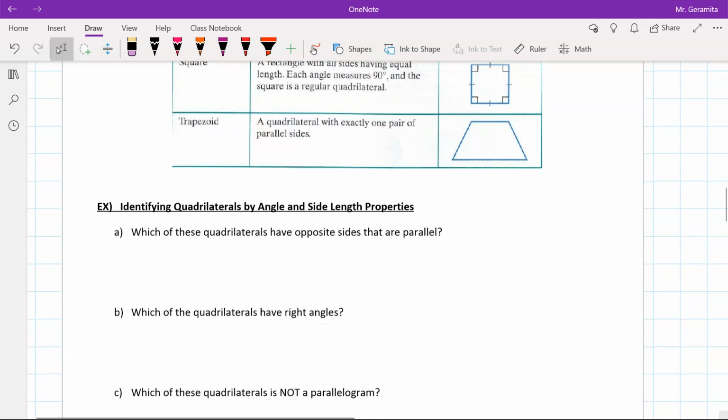So which of these quadrilaterals have opposite sides that are parallel? Opposite sides that are parallel, they all have at least 1. But if we're going to talk about both pairs, you would have a parallelogram, you would have a rectangle, you would have a rhombus, and you would have a square.